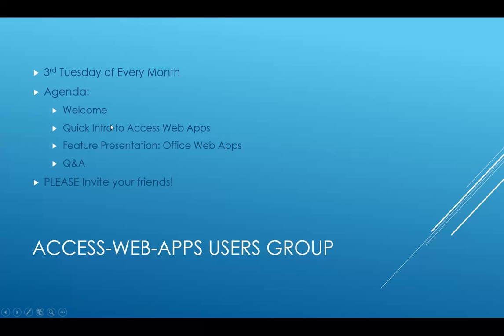I want to talk a little bit about Access Web Apps versus regular Access client apps. Access Web Apps allow you to easily build an app that you can host in the cloud. You're housing it within SharePoint, and it's got a SQL Azure backend.